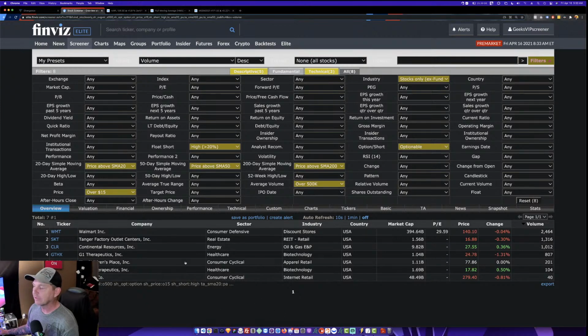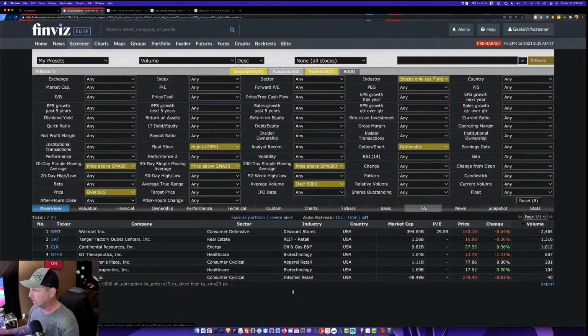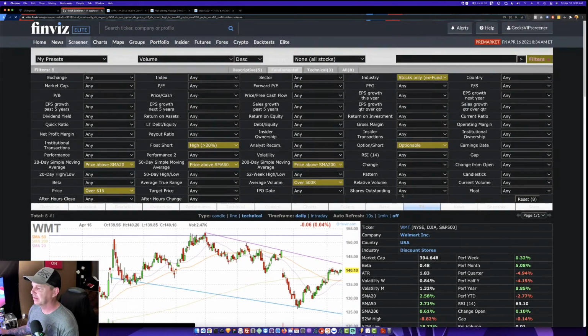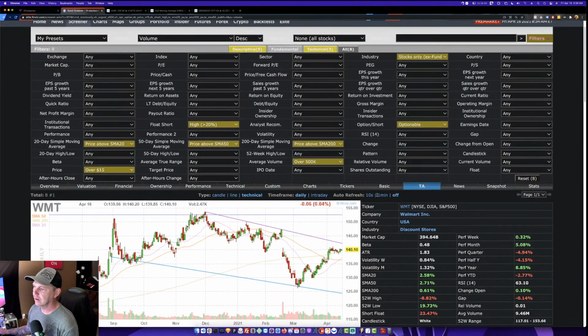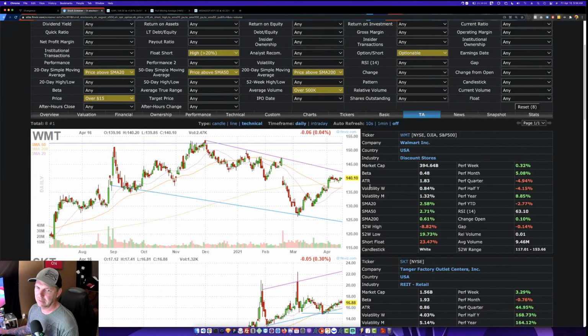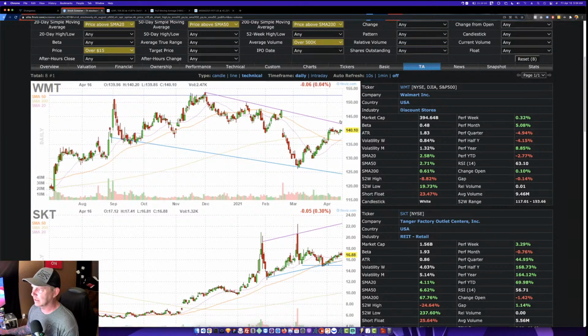Okay, so once we've got the ticker set, there's a button right here that you can click on, TA for technical analysis. What this does is it gives you a nice quick chart overview so that you can further scan through and pick out the ones that you want. So it looks like Walmart's beginning to get to the top of a trendline resistance.